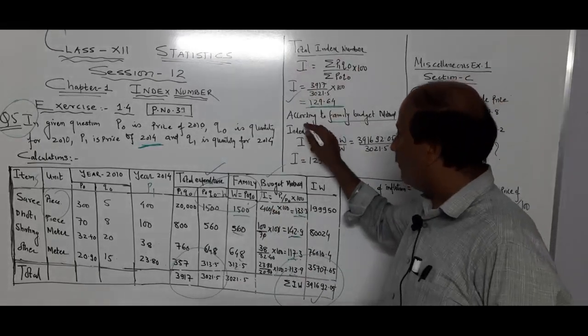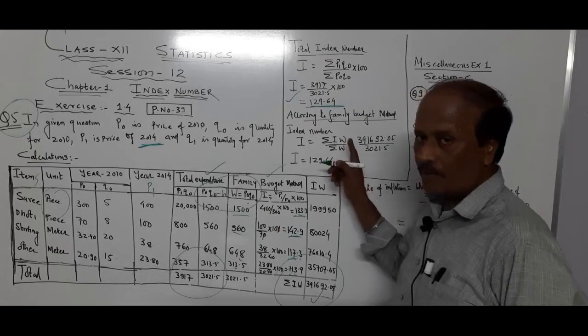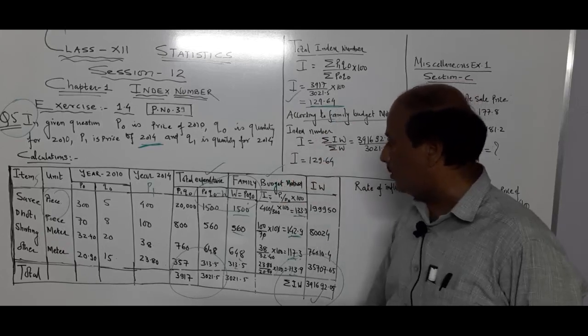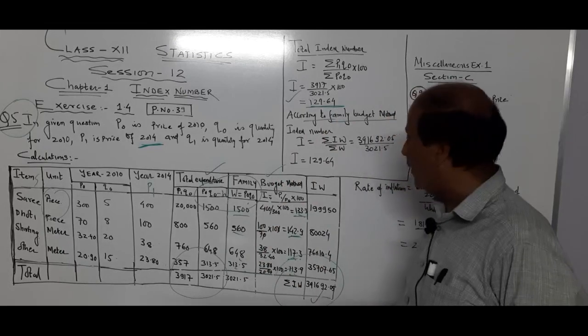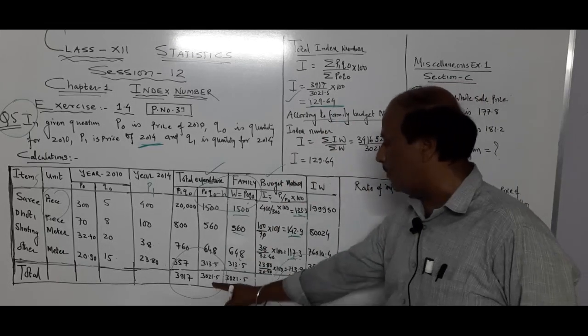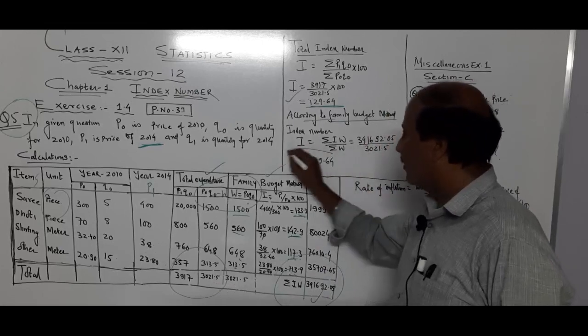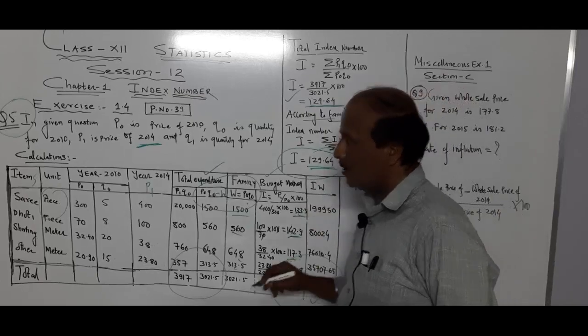But when you are asked to find the family budget index number, then there is a formula which I told you earlier also. Sigma IW, that you are going to get from here. Sigma IW, this is that value. And sigma W, you will get it from here. This is sigma W. Put it here, calculate it. You will get approximate answer 129.64.